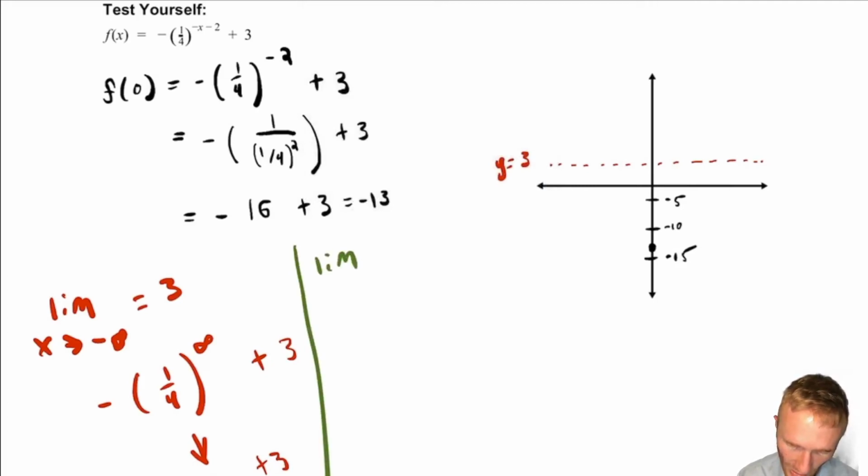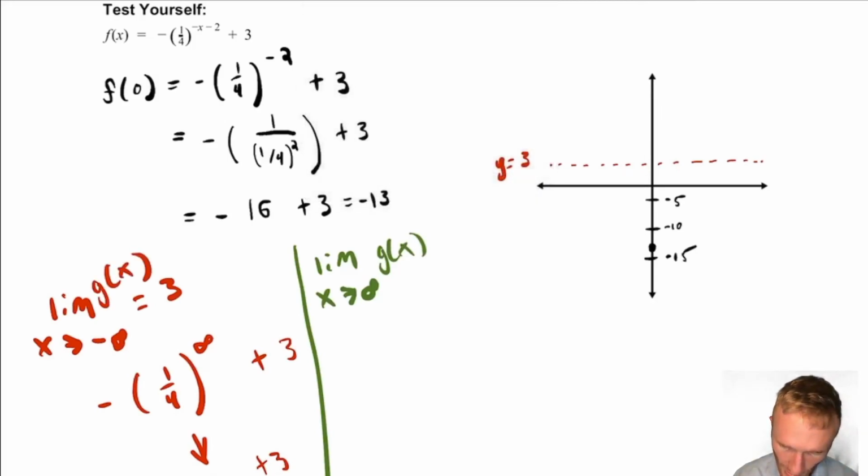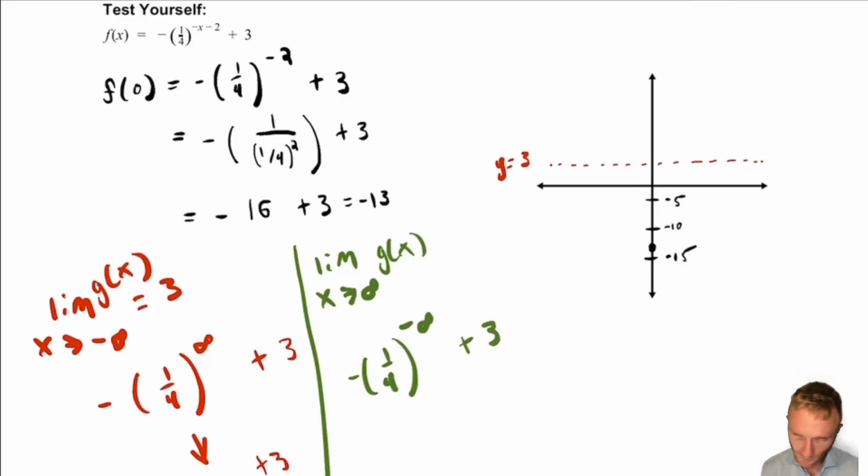Let's see what happens on the other side. So what is the limit as x approaches positive infinity of g of x? Gotta stop writing these naked limits. It's clearly been a long summer for me. Here we go. Let's plug in negative 1/4 to the, okay, now I'm plugging in positive infinity, so negative x minus 2. This becomes negative infinity plus 3. Now, we just saw that 1/4 to the infinity was 0.